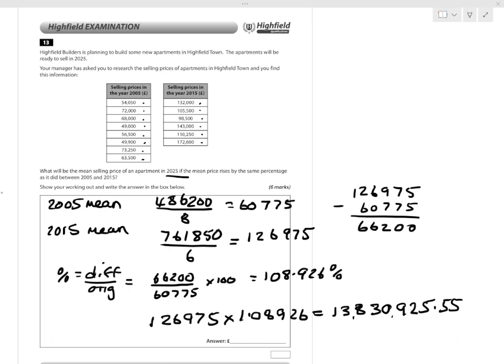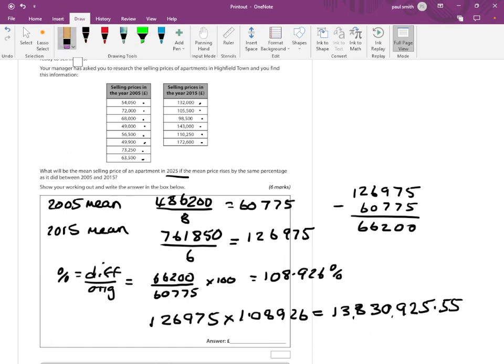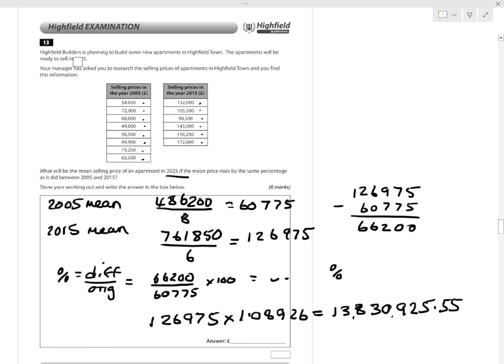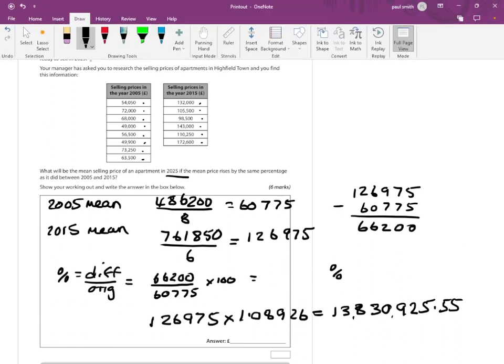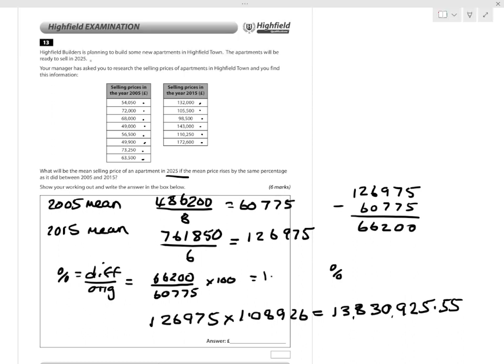The difference over the original. I've got a decimal point in the wrong place here. That should be 1.08. Okay, so decimal points are in the wrong place. So that should be 1.08926.